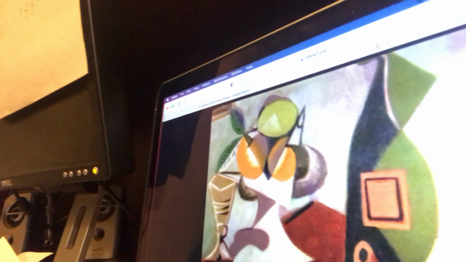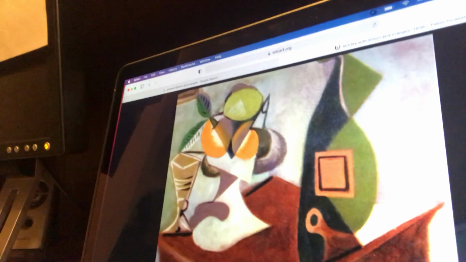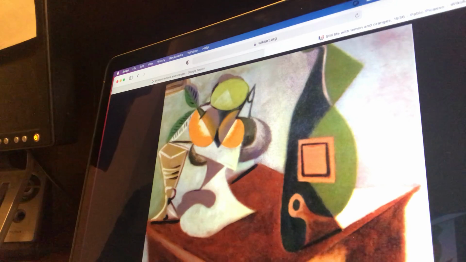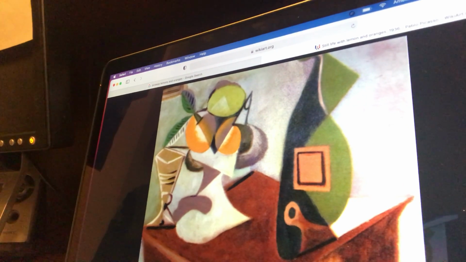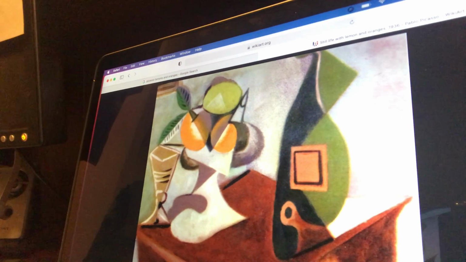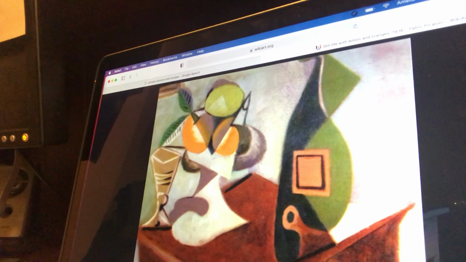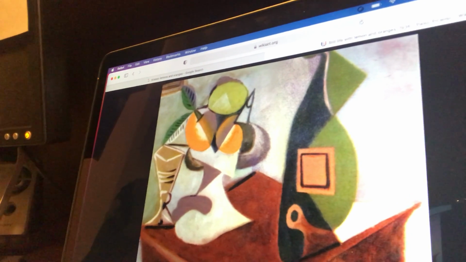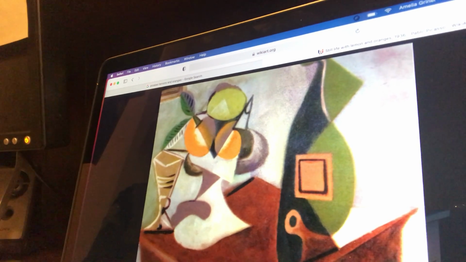I want to show you today's painting. Here we have Lemons and Oranges, A Still Life by Pablo Picasso. Now, does that look like lemons and oranges on a table to you?